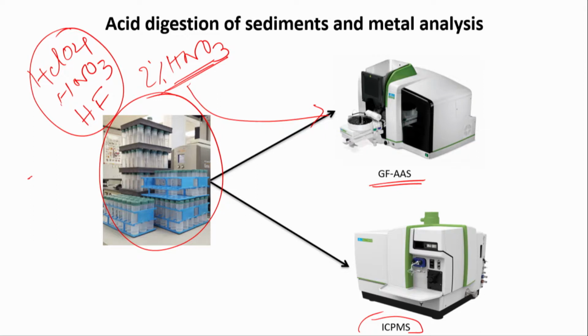After you get the metal concentration in your sediment, you can use those concentrations to assess the quality of the sediments from a particular environment. It can give you an idea about the quality of the environment, because the sediment reflects the overlying water column, because it keeps the record.